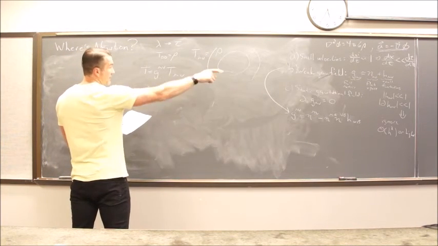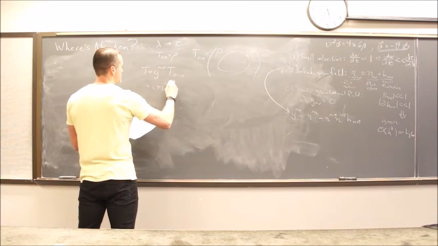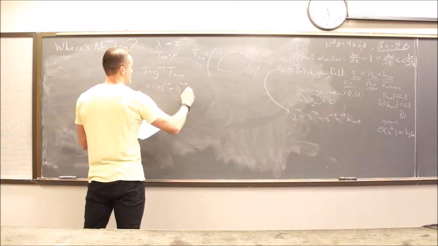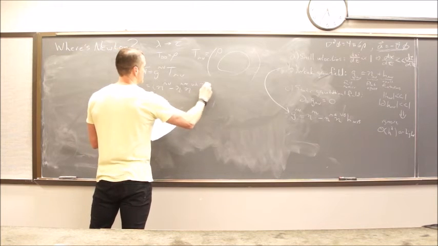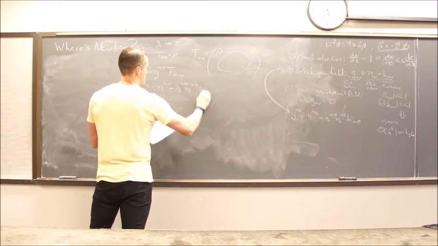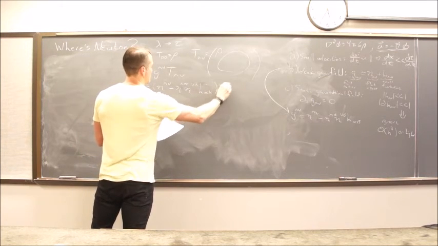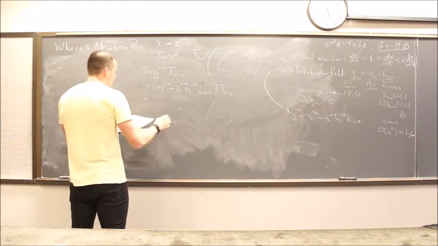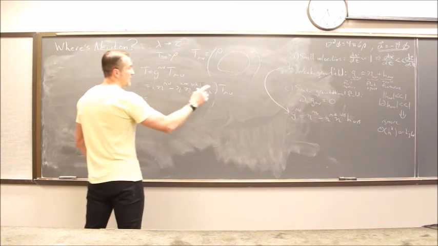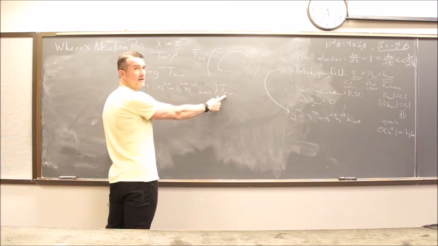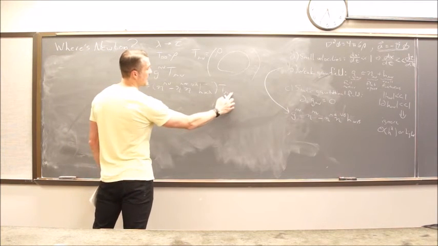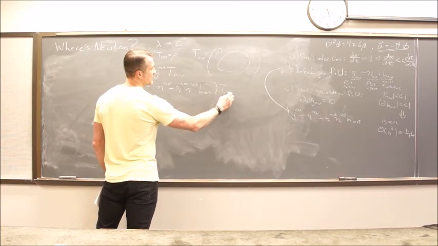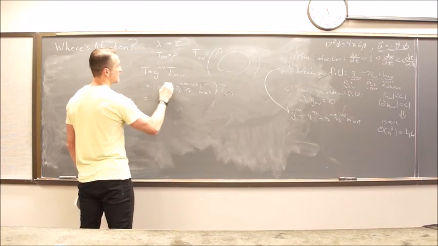And so now plugging in our inverse metric, the only term that's non-zero here is T00. So that means I can, in this equation, replace mu and nu with 0 everywhere they appear.